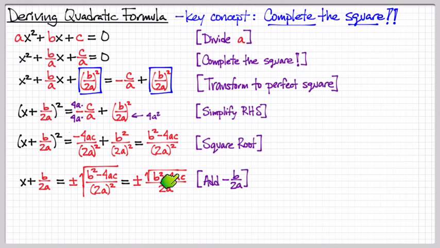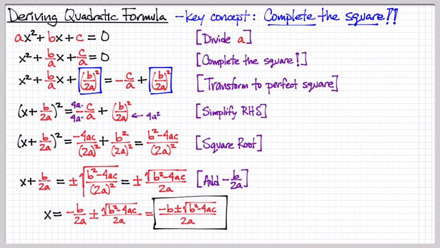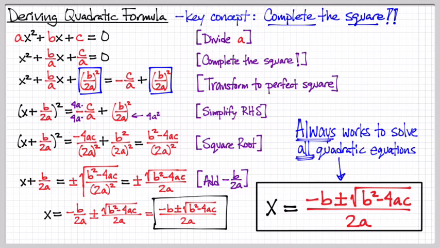That just remains, and I'm stuck with that. Final step is I'm going to subtract away b over 2a from both sides, and I get the famous quadratic formula. So the quadratic formula always works, just like completing the square always works.